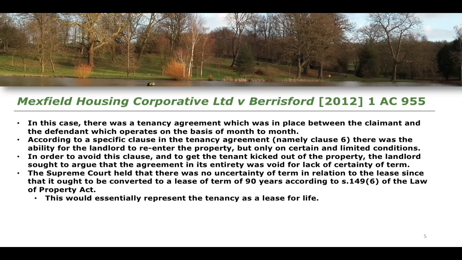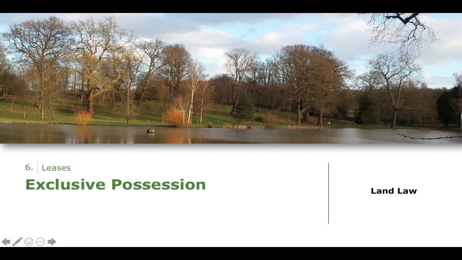In terms of the practical application, what this actually does for you as a landlord or as a tenant, it makes no difference to the periodic tenancy. What it does do, though, is fit the idea of the periodic tenancy into the certainty of term requirement, which is obviously a necessary characteristic of a lease as per the case of Street and Mountford.